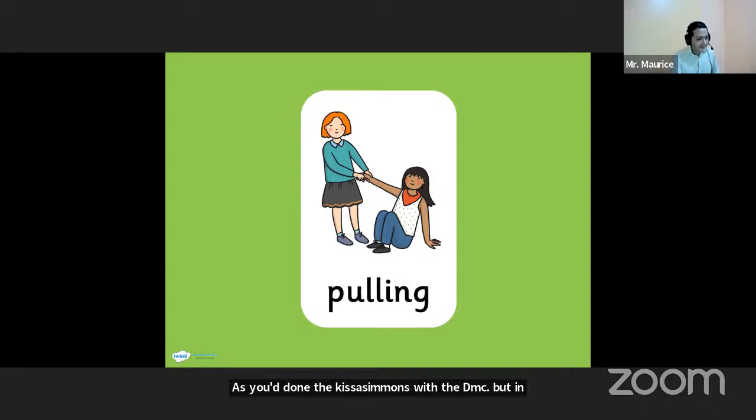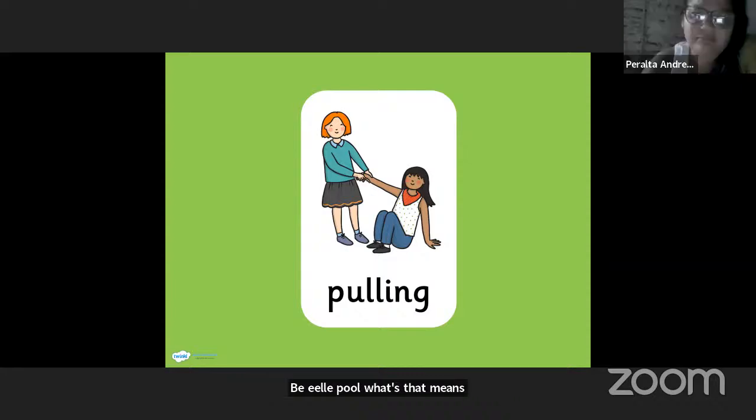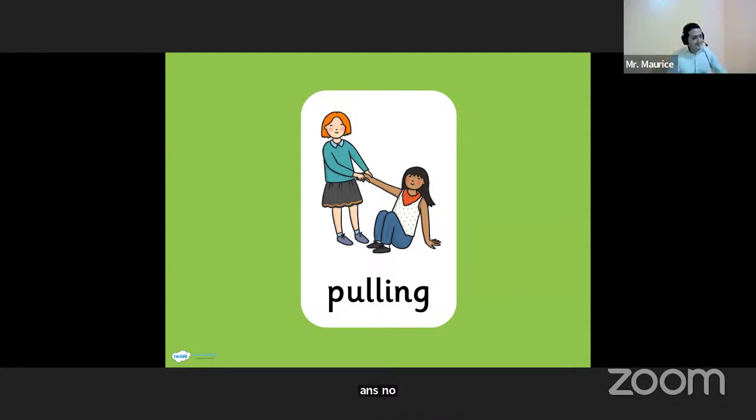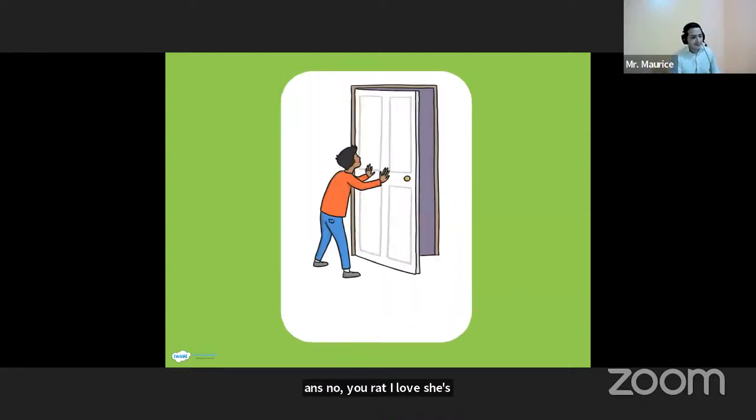Okay, this is the verb pull. What does pull mean? P-U-L-L. ¿Qué significa pull? Tenemos que entender el verbo en su forma base. Pull. What does that mean? Jalar. Correct. She's pulling. What is he doing?